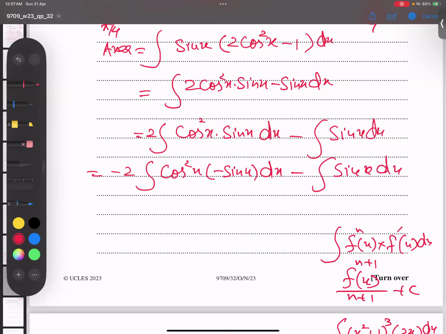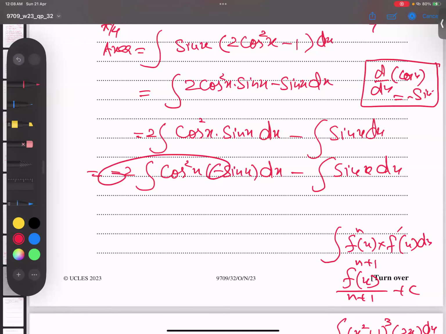I repeat, there's a cos because I need the base's derivative here, and you know very well the derivative of cos is minus sine. This is very clear, so that is the reason I produced it. And minus into minus is positive, so no effect comes in this way.